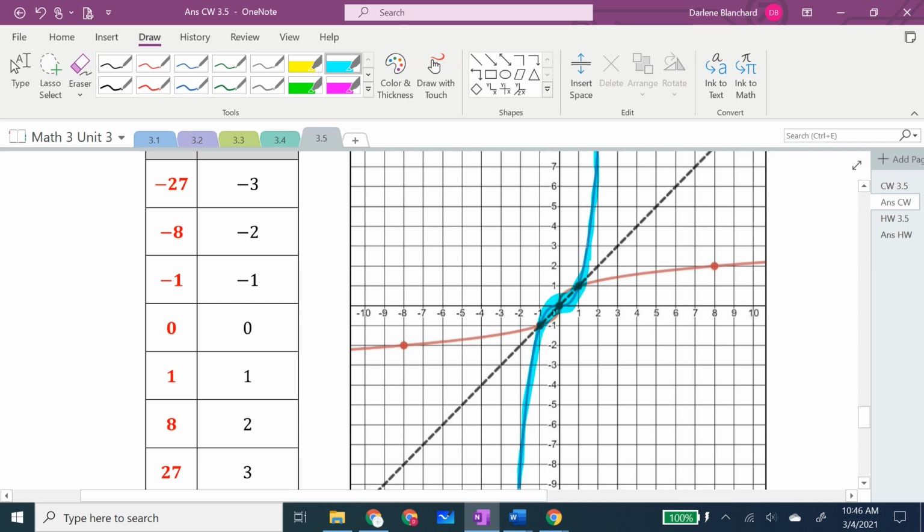So if I'm going to reflect that over y equals x, instead of reaching for the sky, I'm reaching for the sides, basically. So I am going to make another video. Make sure that you watch that video. And then I'm going to open your quiz.